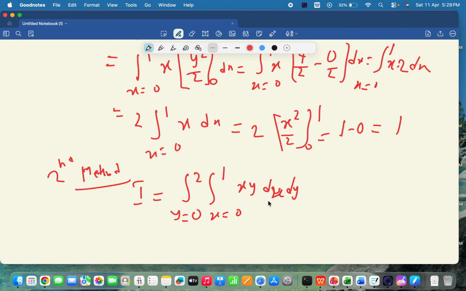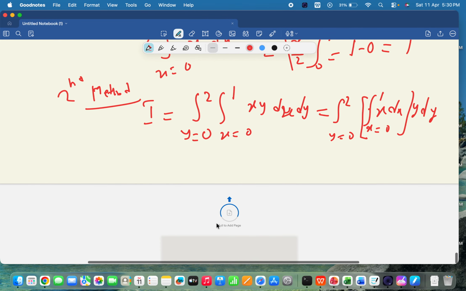So in case of constant limits, we can simply interchange the limits and we will get the same integration value. In this case, firstly we have to solve y from 0 to 2 and then x from 0 to 1, x dx, and y is a constant, so we are taking it outside of the integration.